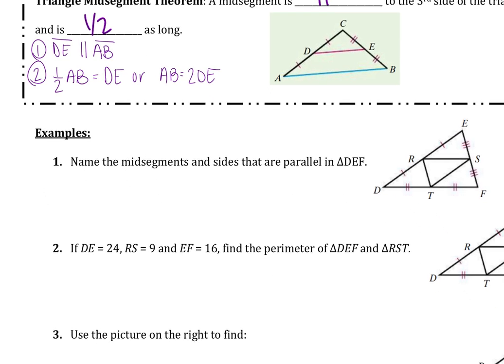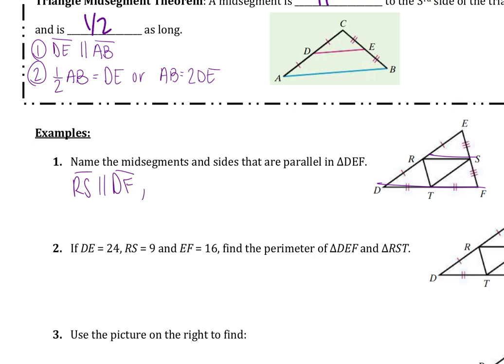So let's talk about this first one and some practice here. Name the midsegments and sides that are parallel in triangle DEF. Okay, so we would know that RS is parallel to DF. That's this guy here.